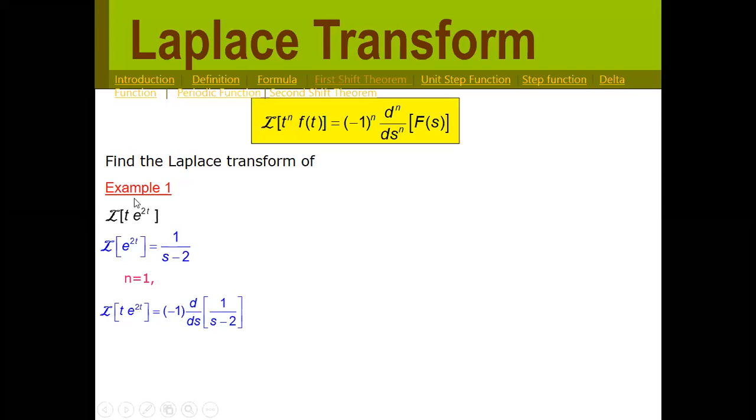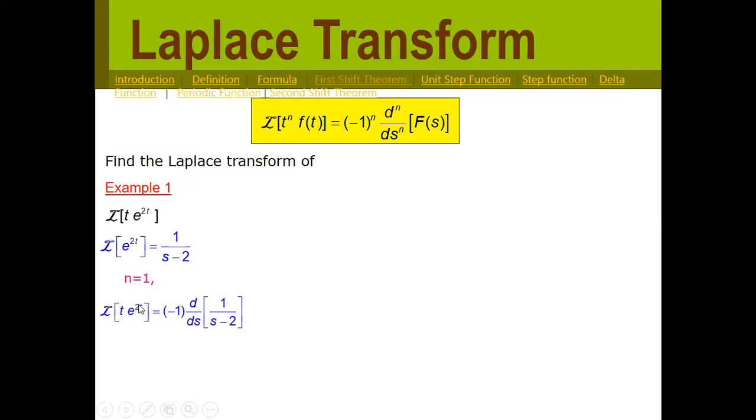So kalau guna multiplication by T, what is Ft? Of course, the Ft is exponent to T, not T. Sebab multiplication by T, kita kena keluarkan Tn ni. So Ft is exponent to T. So the Laplace transform for exponent to T is 1 over S minus 2.